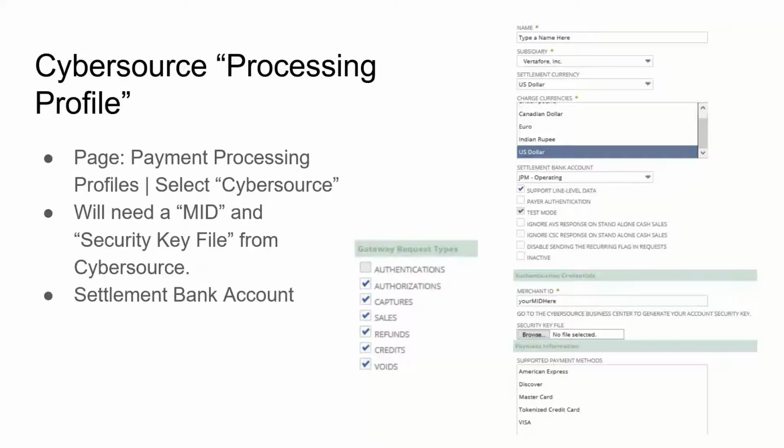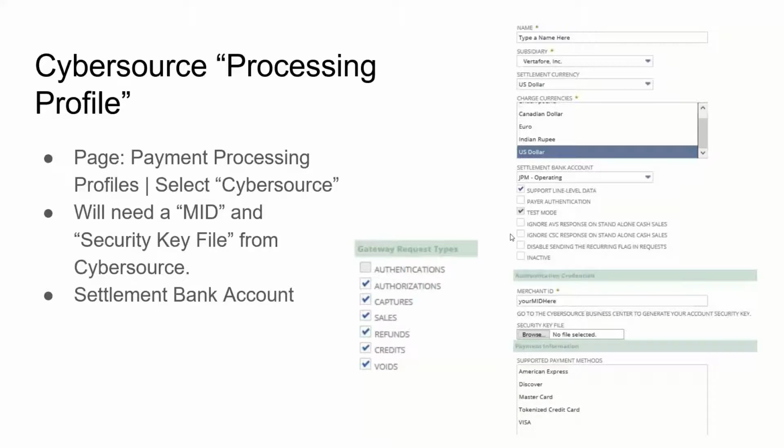The settlement is where the funds actually get transferred. The auth is where you're just reserving the funds. So in this setting, you can tell NetSuite, when the settlement goes through, hit this particular bank account to put the funds in it. Again, you have your line level data, so this would be for purchase level 2, purchase level 3.